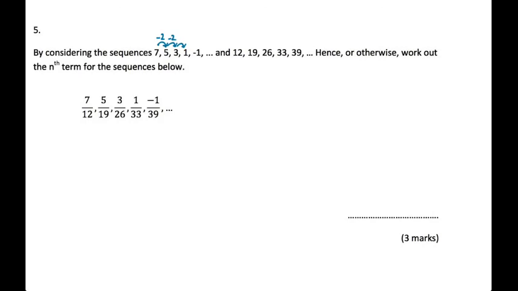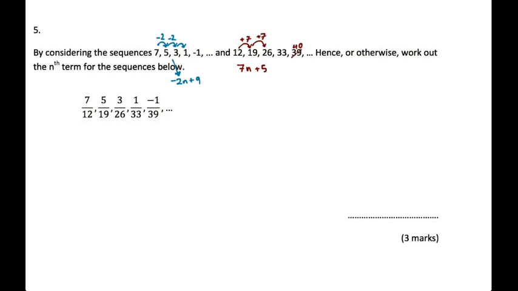This linear sequence goes down by 2 each time, so it's like the negative 2 times table, but the negative 2 times table would be negative 2, negative 4, so it's the negative 2 times table but 9 more. This sequence here is like the 7 times table, but it's not the 7 times table, it is 5 more than the 7 times table, and notice the mistake. When I was writing the paper, apparently I couldn't do 33 plus 7.